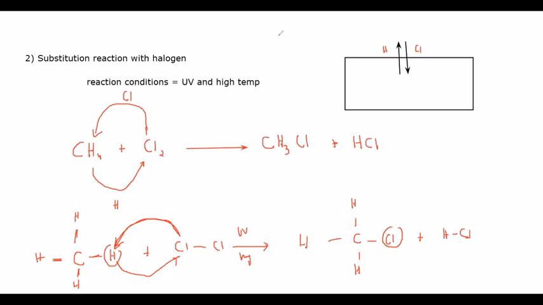Sir, what is the difference between displacement and substitution? Look, for example, say magnesium oxide reacting with calcium. Calcium is more reactive, so calcium will displace this. The whole atom means all of the atoms from a compound are removed.